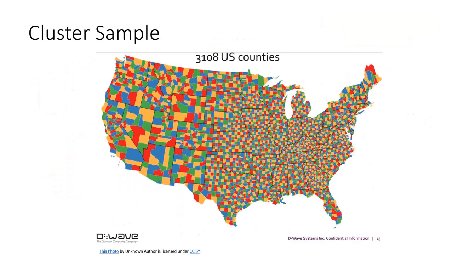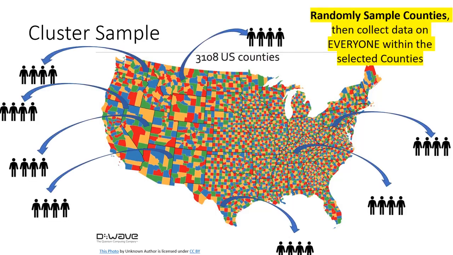Next we have cluster sampling. Cluster sampling is similar to stratified sampling in that we're going to group people beforehand. So say I were to group them by county. But unlike stratified sampling, where I would collect a certain number of people from every county, in cluster sampling I'll randomly select which counties I'm going to collect data on.